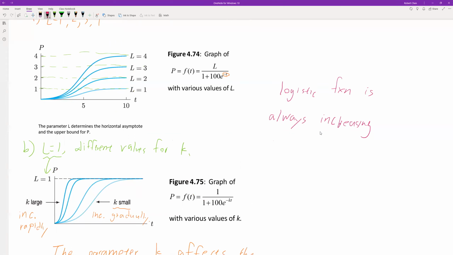Notice that if you look at L equal to 4, for the first part, from here, it's concave up, like a cup. And then somewhere in here, it becomes concave down. So a logistic function is always increasing, concave up first and then concave down, and there is always a point of inflection in between.